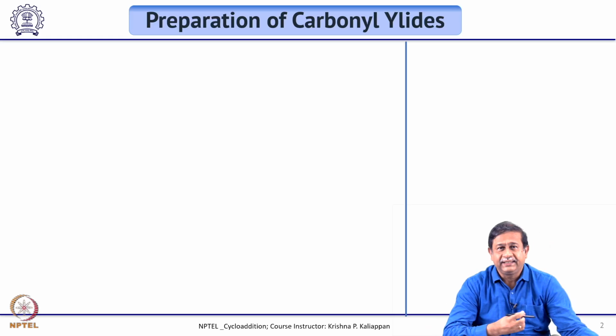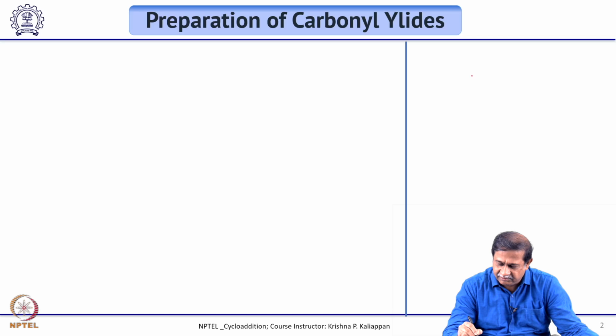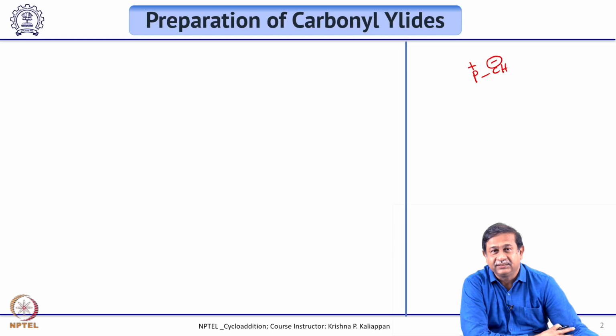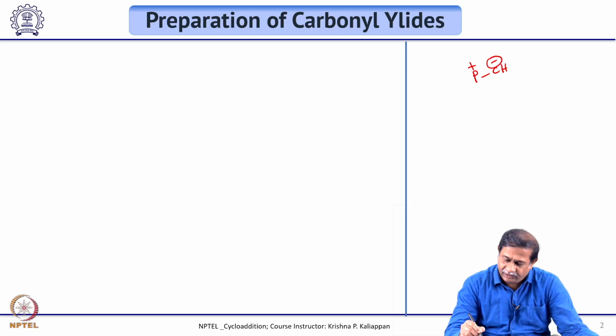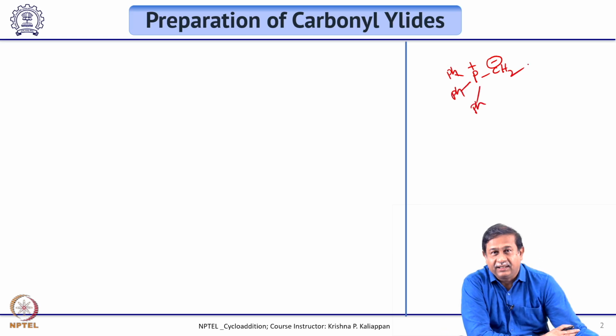So what is carbonyl ylide? Ylides are nothing but carbons having a negative charge attached to a heteroatom. We all know very well about Wittig salt, which is a phosphorus ylide.